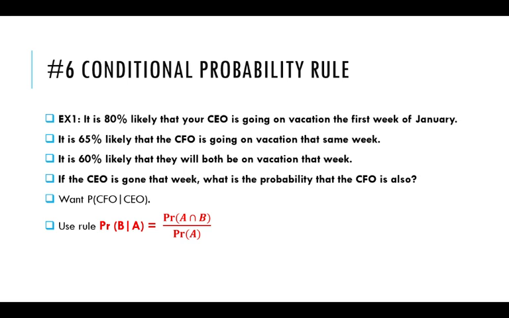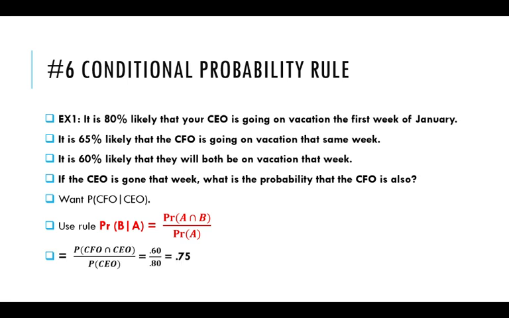Now we need to use this conditional probability rule. And so we have two events, right? The probability that the CFO is gone, that's B, right? CFO is gone. Event A, CEO is gone. And now we can just plug in the numbers.